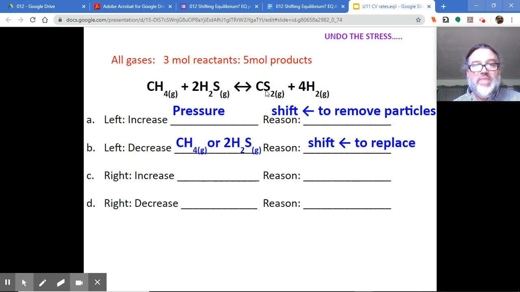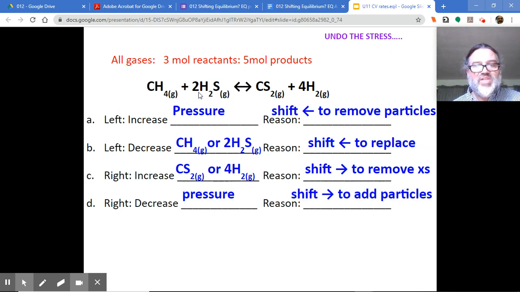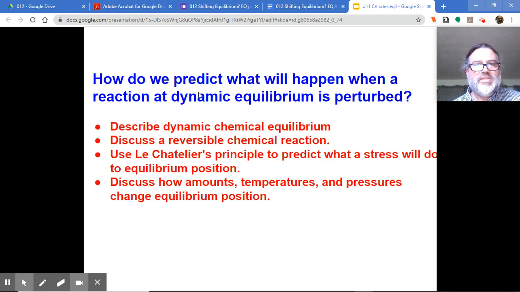If we wanted to make more of these things, let's say hydrogen for an alternative fuel, what we could do is increase the amount of reactants, just keep continually putting them in, or again, decrease the pressure. So it's possible you might want to think about, hey, what would be the situation that maximizes this?